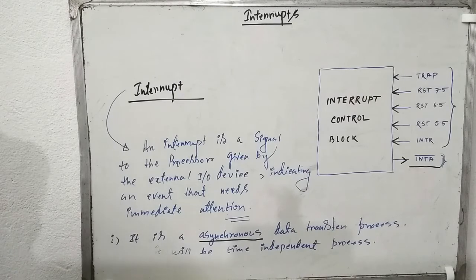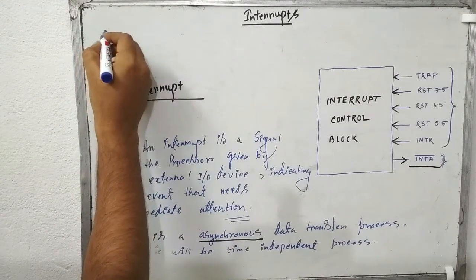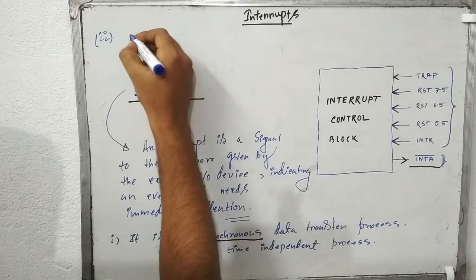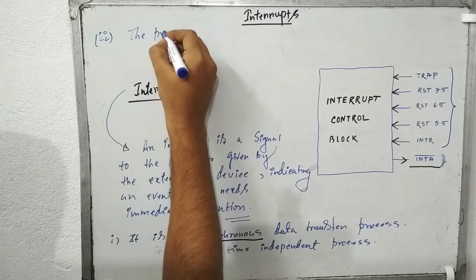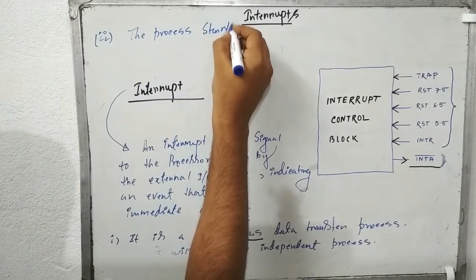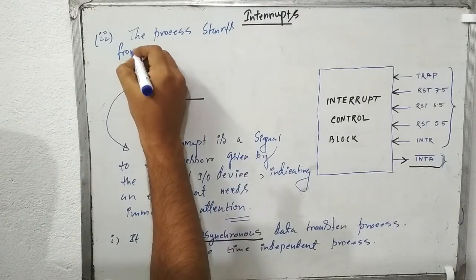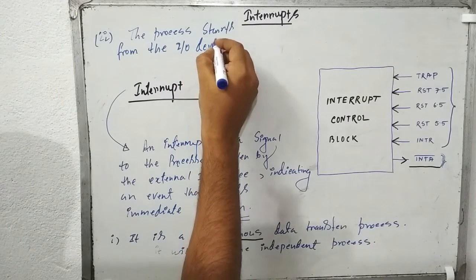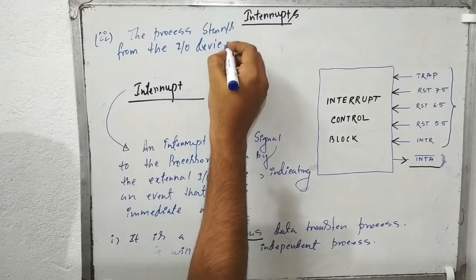So our second feature is that the process starts from the IO device. What does it mean?